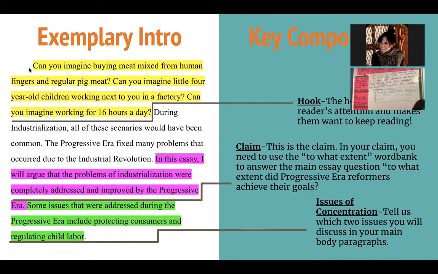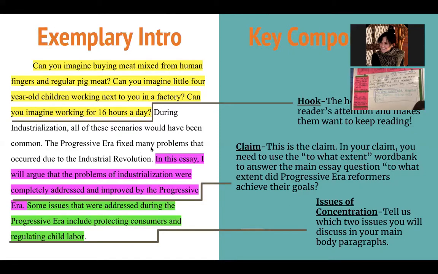Here we go. Can you imagine buying meat mixed from human fingers and regular pig meat? Can you imagine little 4-year-old children working next to you in a factory? Can you imagine working for 16 hours a day? During industrialization, all of these scenarios would have been common.